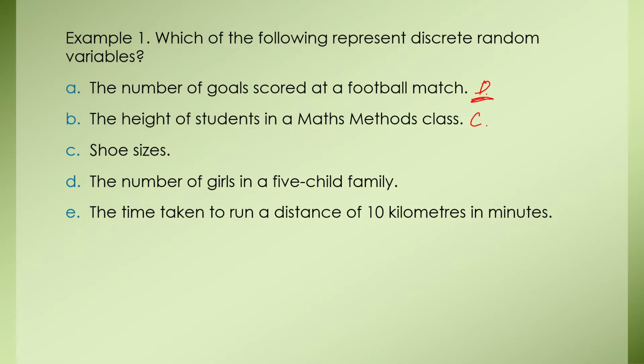And the last one is the time taken to run a distance of 10 kilometers, in minutes. This is continuous because time must be measured. So these are how to determine whether a variable is discrete or continuous. In this case, we are checking which of the following represent discrete random variables.